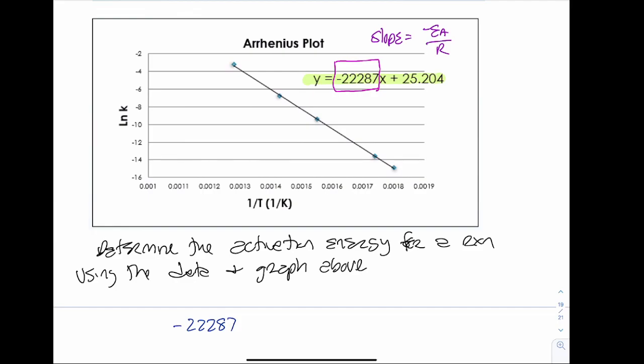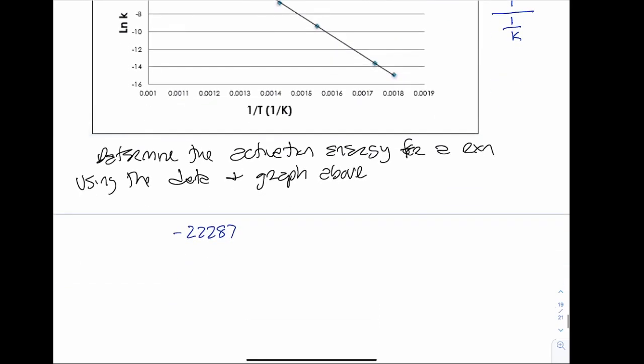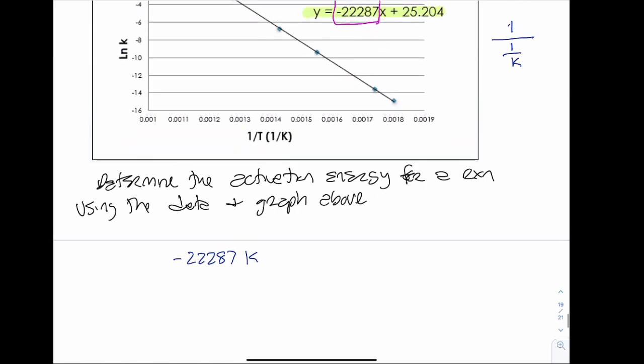So what I essentially have is 1, because I don't have units for my y, over 1 over my temperature in Kelvin, so 1 over Kelvin. I would invert and multiply, so my units on my slope are actually just Kelvin. 1 over 1 over Kelvin is just Kelvin.